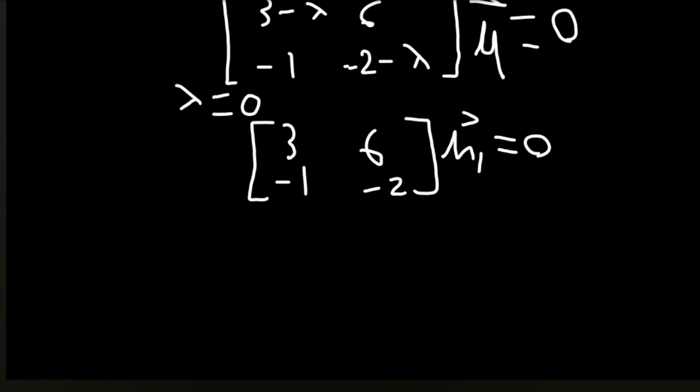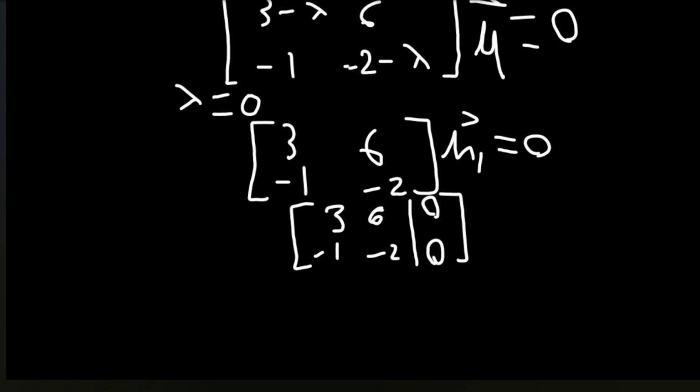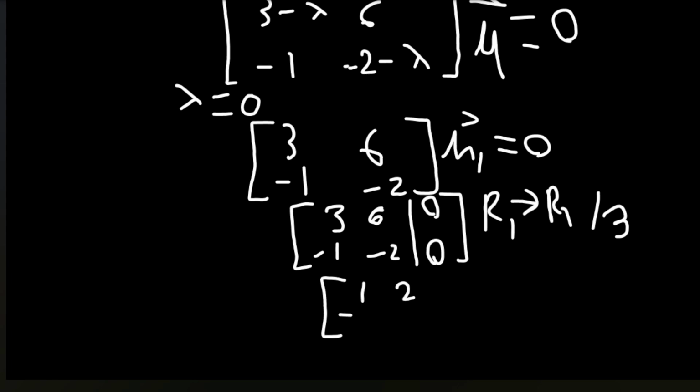I'm going to first augment the matrix. So we end up with 3, 6, negative 1, negative 2, 0, 0. And then you realize that if you did R1 turns into R1 over 3, you'd end up with 1, 2, negative 1, negative 2, 0.